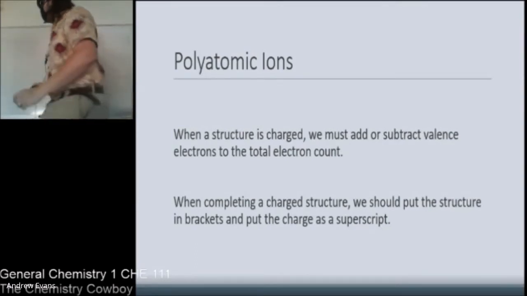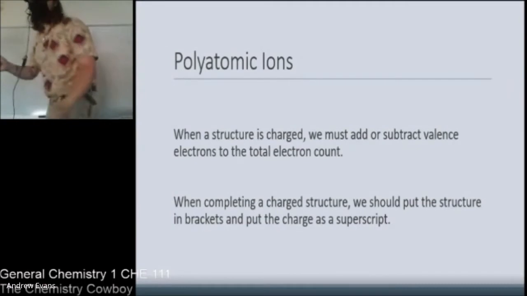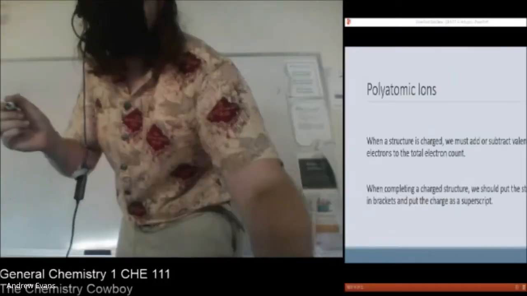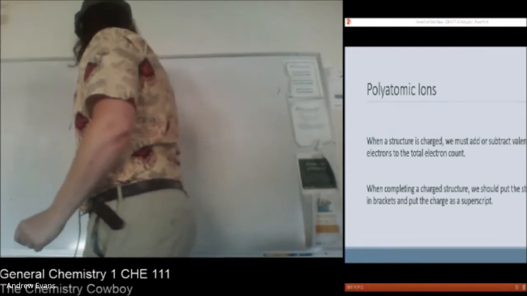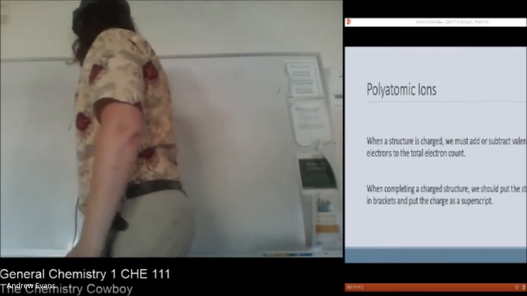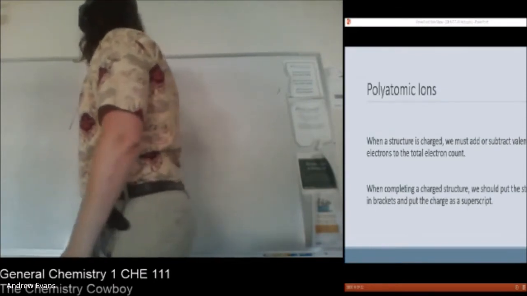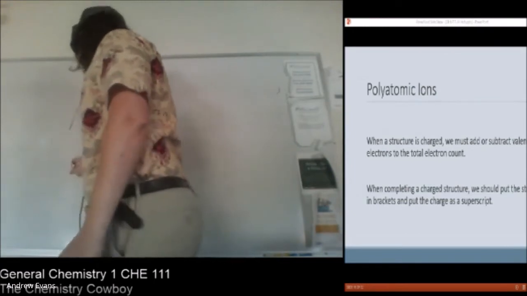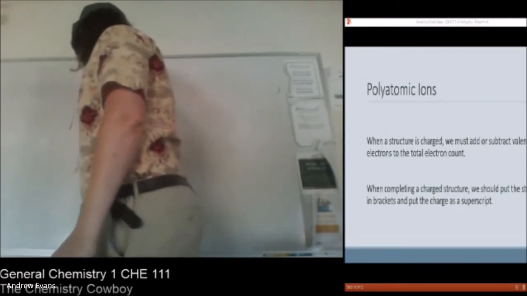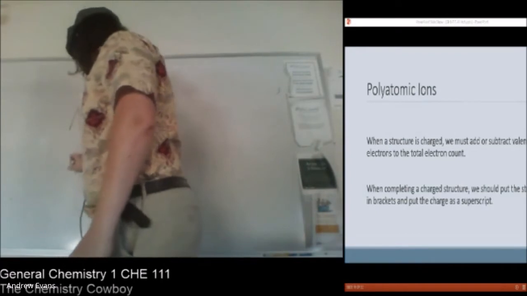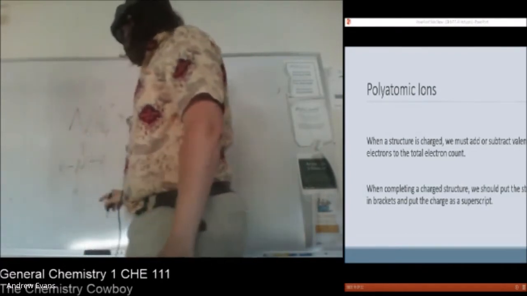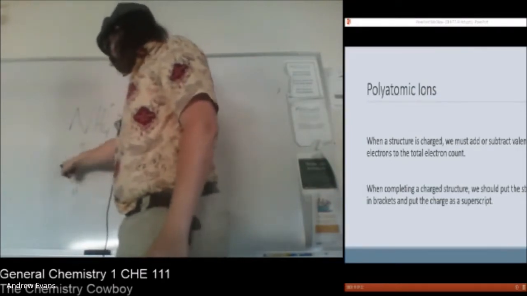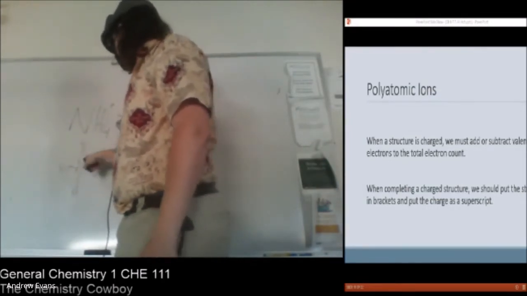So looking at those two examples real quick. NH4, which is plus 1, as I said, 8 electrons. N, H, H, H, H. There's 4 H's, 2, 4, 6, 8.